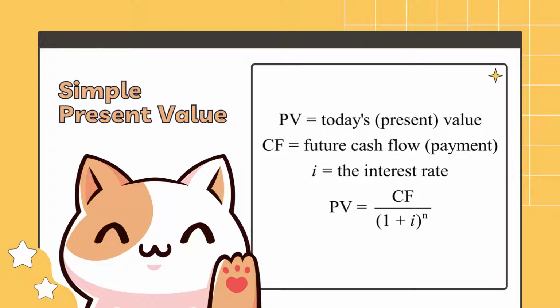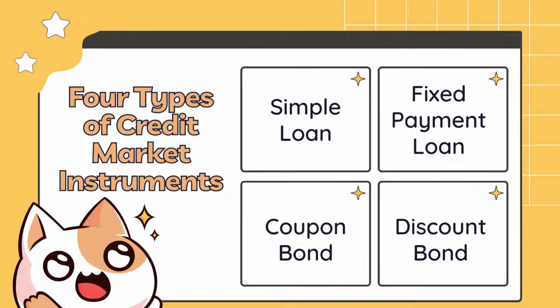So, papasok na doon yung rate over M natin na equivalent din sa I. So, that's a simple present value. So now, let's proceed to the four types of credit market instruments again. So meron tayong apat na na-discuss last time. We have simple loan, the fixed payment loan, the coupon bond, and the discount bond.